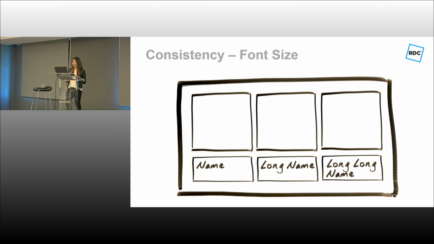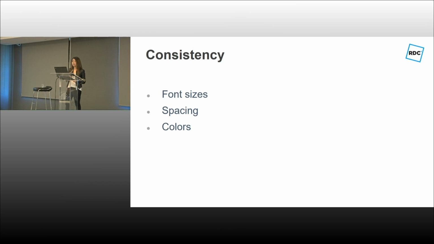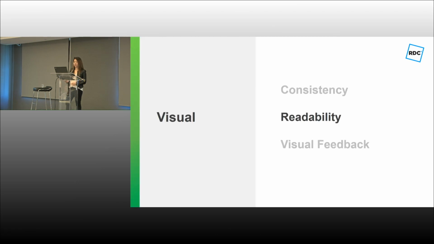Make it consistent overall, and if you can't fit everything in one line, maybe consider 2 lines. Yeah, right. So make it consistent overall for font sizes and spacing, and also your color usage, so it's more comfortable to view. The next one, readability.